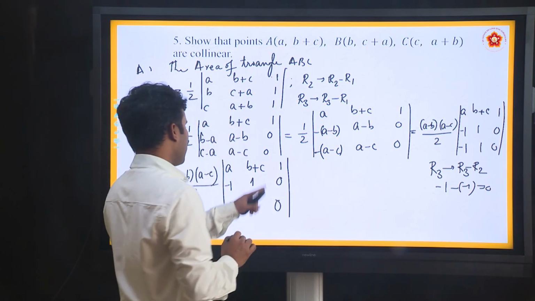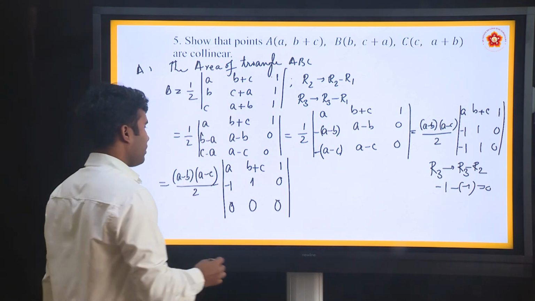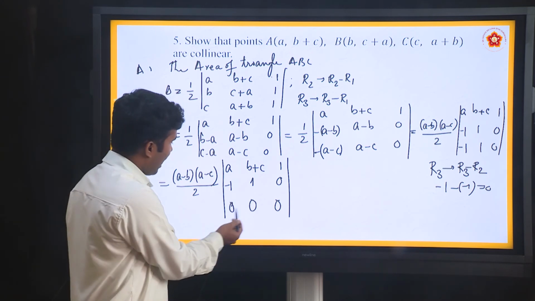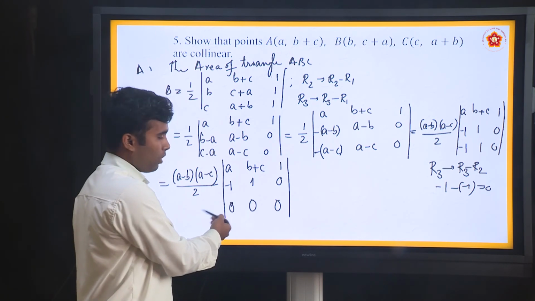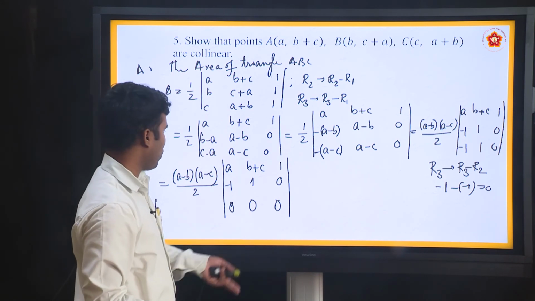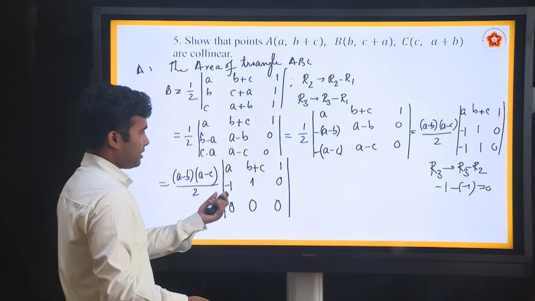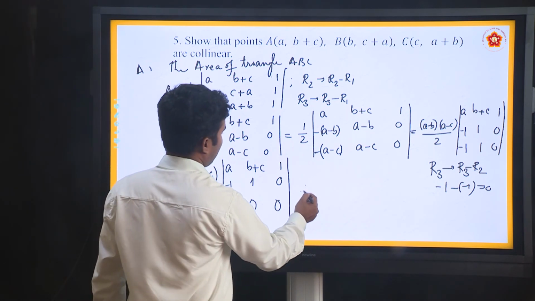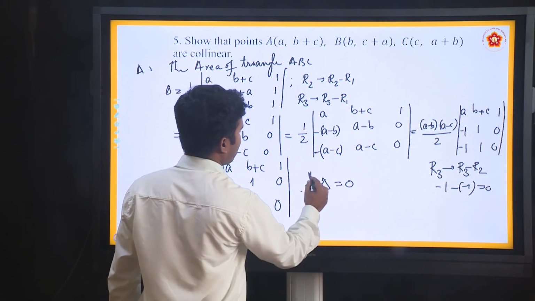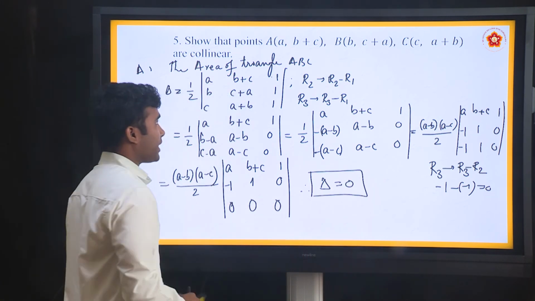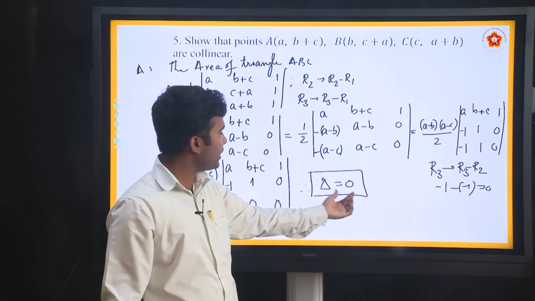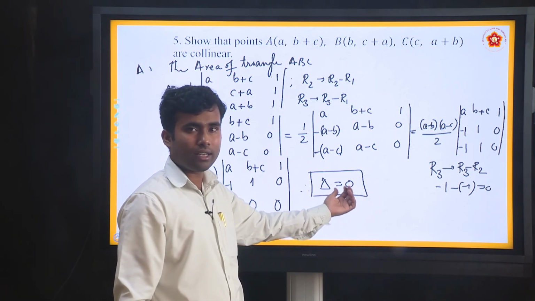See here, then what is the value of this determinant? The value of this determinant becomes 0 because all elements of row 3 are 0. If we expand through R3, the value of this determinant is 0. Therefore, delta is equal to 0. What does delta denote here? Delta denotes the area of a triangle with the vertices A, B, C. Hence we end up with the answer delta equal to 0.